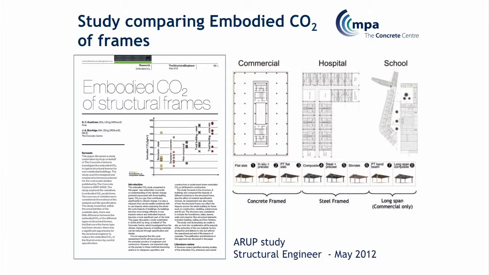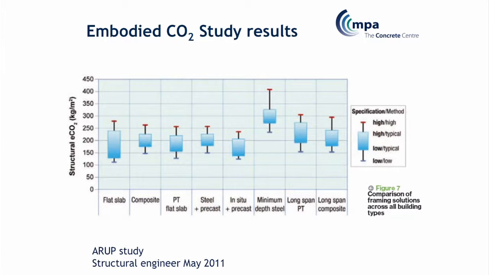They looked at one design for a commercial property, a hospital, and one for a school, and managed to do something that we'd never get a chance to do when we are actually in practice, and that's to model each of those using 8 different structural frame solutions, a combination of short span, long span, concrete, and steel, in order to establish what the difference in embodied CO2 is between those different frames. And what they came out with was that they're broadly all the same, which is quite interesting.